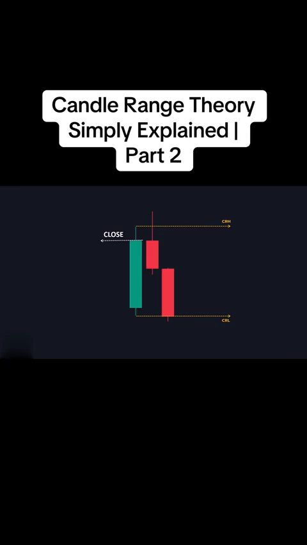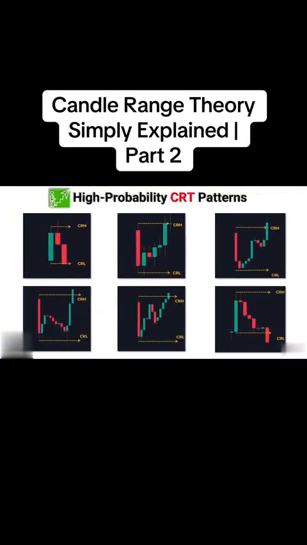Thus, this sequence comprises accumulation, manipulation, and distribution, embracing the power of 3. The rest are the same as the example that was just explained. All these patterns meet the power of 3: accumulation, manipulation, and distribution.